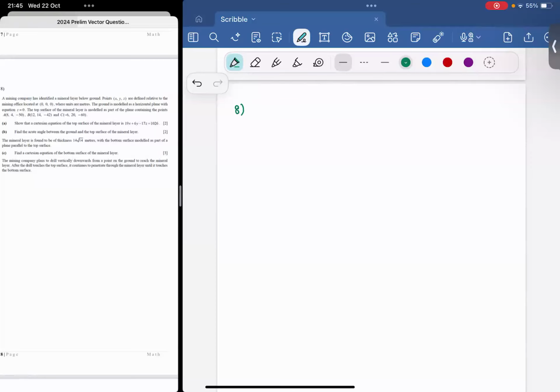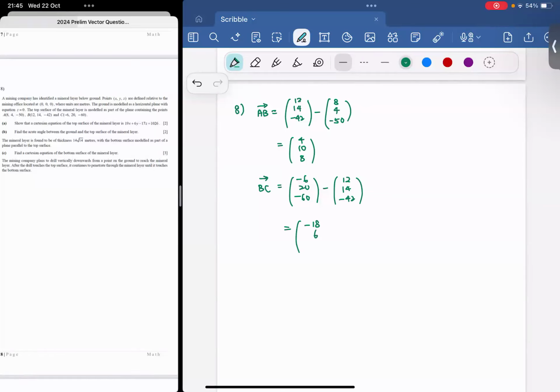So to find the top surface, you need two direction vectors. So AB is B minus A, that will give me 4, 10, and 8. Then next I find my BC: minus 6, 20, minus 60, minus 12, 14, minus 42, which gives minus 18, 6, minus 18.